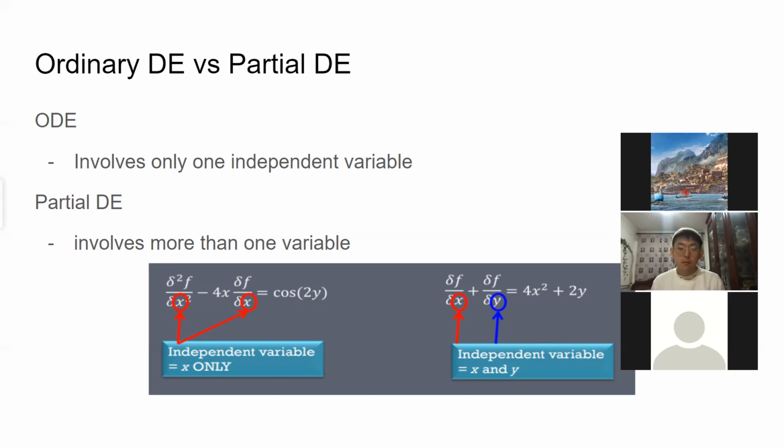So this has one independent variable because it only has x. But the other one is df over dx plus df over dy equal to 4x squared plus 2y. So this has two independent variables because it has x and y. Next slide, please.